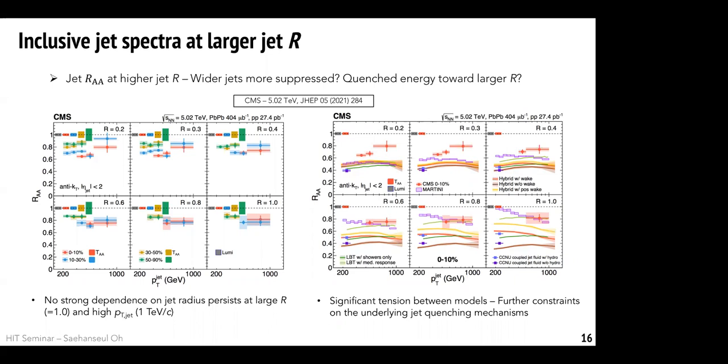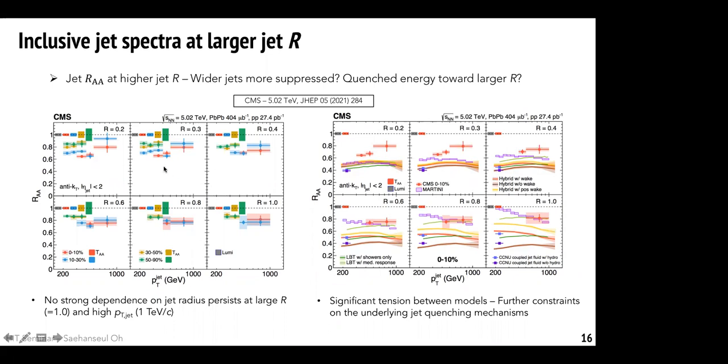CMS reported jet RAA for R equal 0.2 to R equal 1 and up to jet pT of 1 TeV. And kind of surprisingly, there is no strong dependence on jet radius, and they are all consistent up to R equal 1 and high pT.